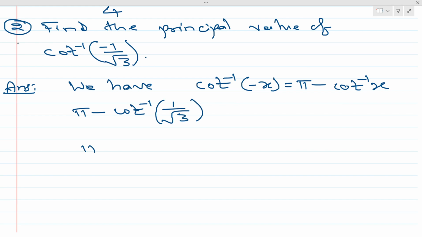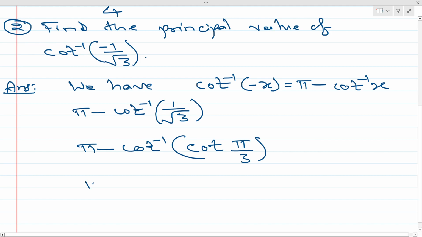So that is pi minus cot inverse cot pi by 3. Cot 60 degree is 1 by root 3. So the cot inverse and cot cancels. Answer we get pi minus pi by 3, which is 2 pi by 3.